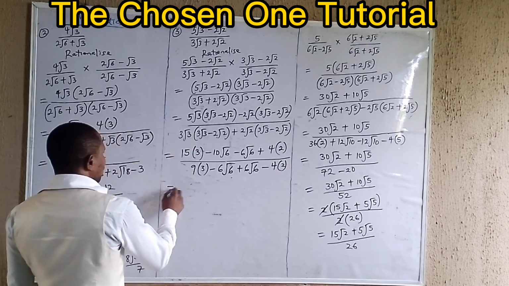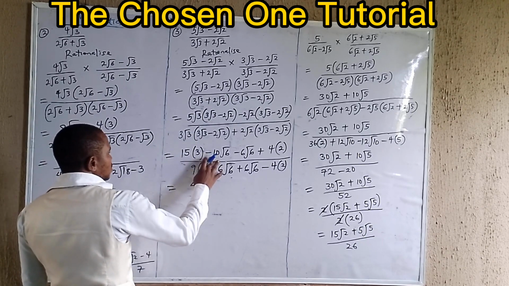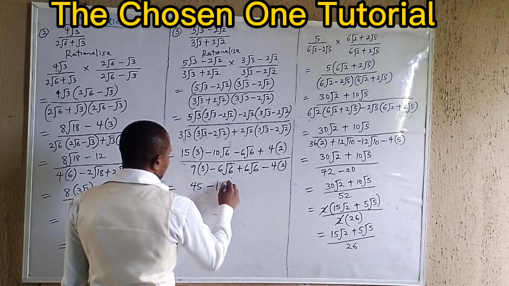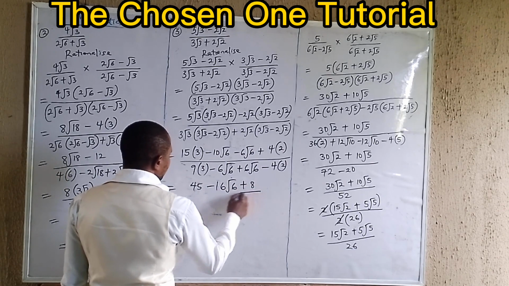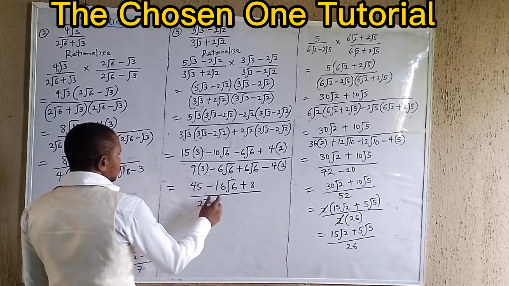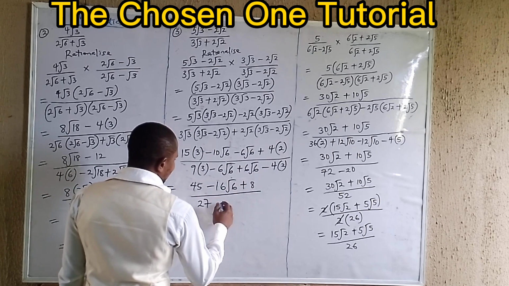So we are going to have 15 times 3, that will be 45. Minus 10 root 6 minus 6 root 6 will give us minus 16 root 6 plus 8 over 9 times 3, that will be 27. Minus 6 root 6 plus 6 root 6 will be 0. Then 4 times 2, that will be 8.